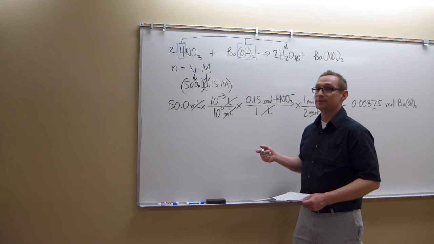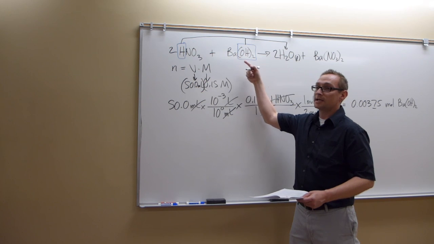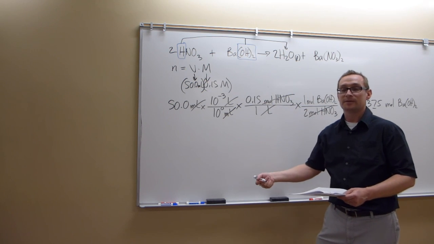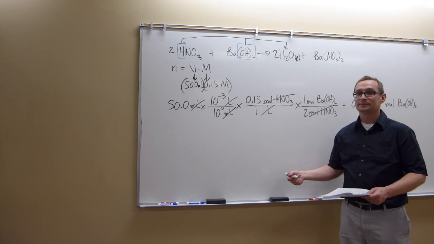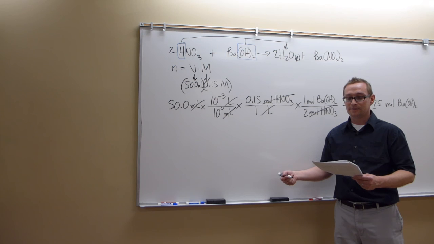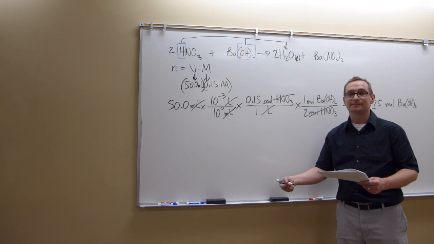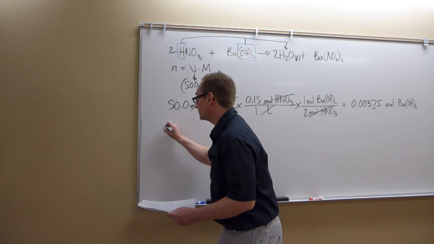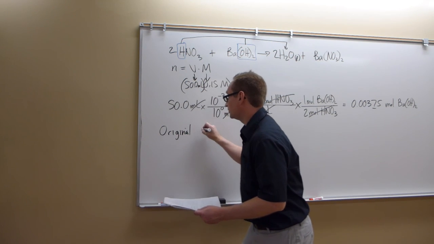The goal of the titration is to figure out the molarity of the barium hydroxide in the original solution. That's what we wanted. So what is the volume of the original solution? Before we added any nitric acid in there, what was the volume? It was 30, right? So always use, with the titration problem, the original volume.